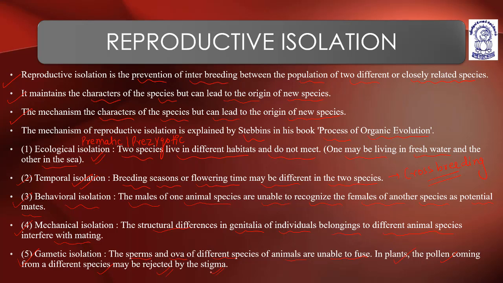The stigma will not let that pollen germinate a pollen tube, because the process is chemical, involving the secretion of some sugary substances on the surface of the stigma to attract the pollen for germination. If it is not happening, it means the pollens are not compatible. So this is known as pollen or sexual incompatibility.